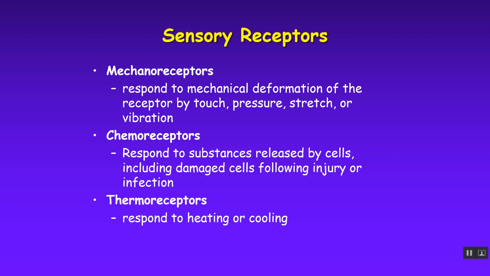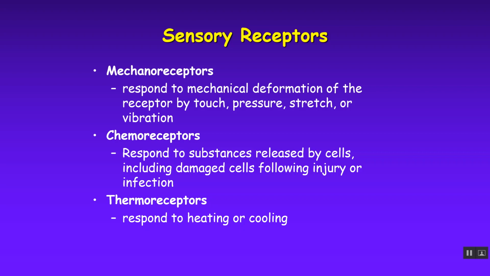So what kind of protein channels are going to be inside those mechanoreceptors? Modality-gated. It's a modality of stretch, so when you stretch them, push on them, press on them, they open up, and that's what causes sodium to come in to generate the action potential. Okay.